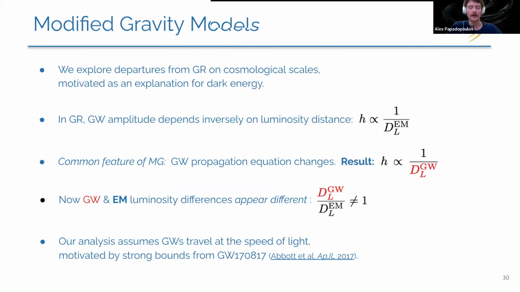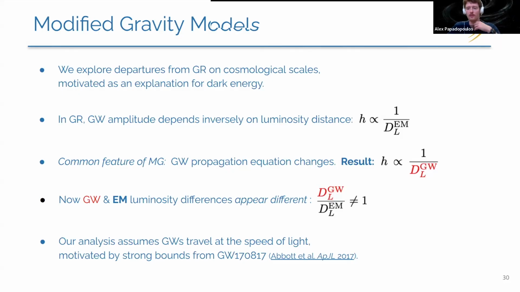Great. So another thing that we do, apart from just constraining H0 when we're considering flat lambda CDM, is also consider departures from general relativity on cosmological scales. We call this modified gravitational wave propagation, and the reason for that is as follows: in GR, the gravitational wave amplitude depends inversely on the luminosity distance. It's encoded in the signal, and we use this information in our analyses.